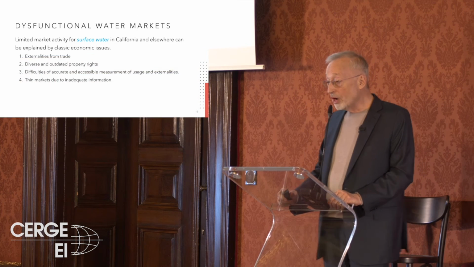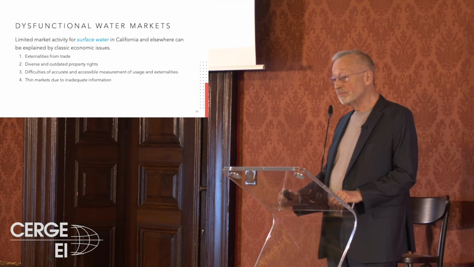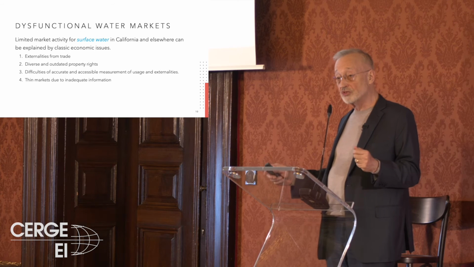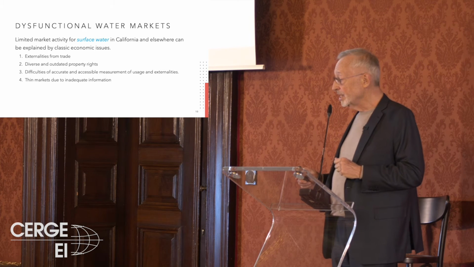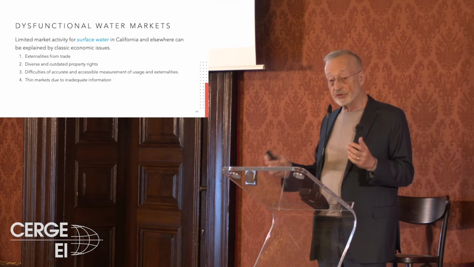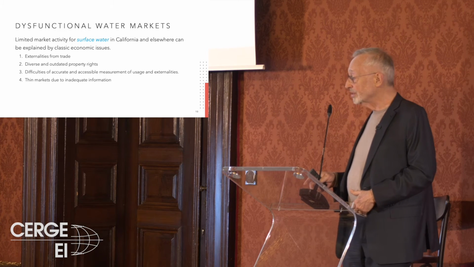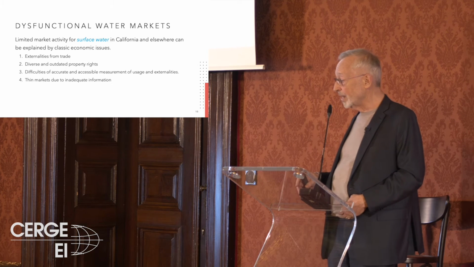But in California, water markets are dysfunctional. They don't work. And it can be explained by just ordinary economic analysis. There are externalities from trade, as I will show you. They're relatively large externalities. The property rights are diverse and outdated. It's not clear what's being traded. There are difficulties of measurement, which I've already hinted at, and I'll show you a little bit more about.